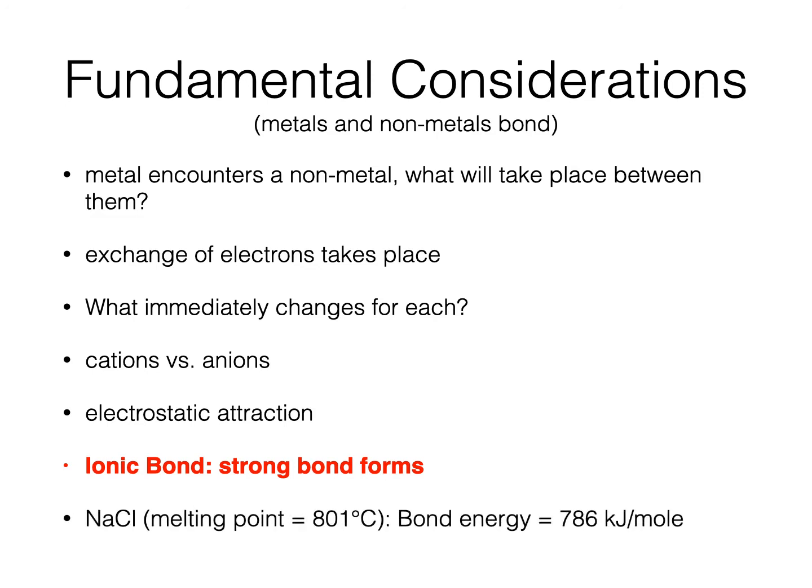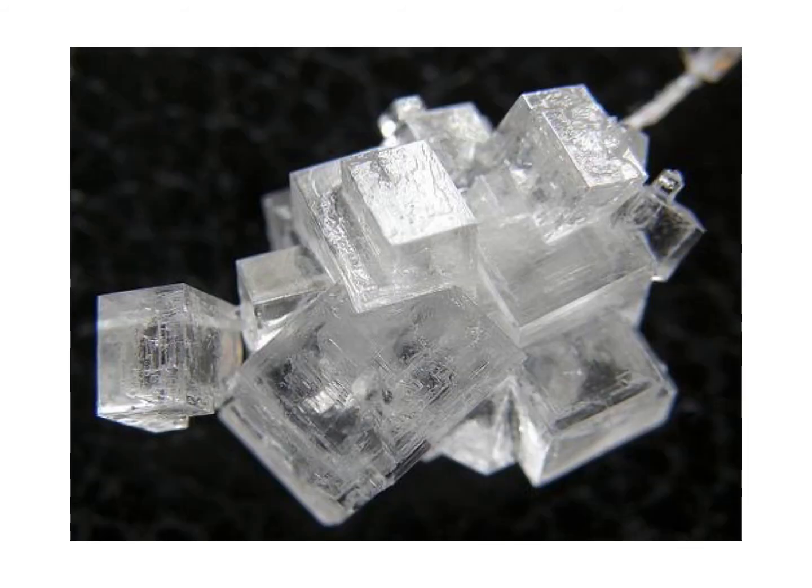Evidence here with this data on table salt, sodium chloride, having a melting point of 801 degrees, over 800 degrees, and a bond energy that is approaching 800 kilojoules per mole. Very difficult to pull that cation and anion apart. Now, we know there aren't really molecules of ionic compounds. We know they form a 3D grid.